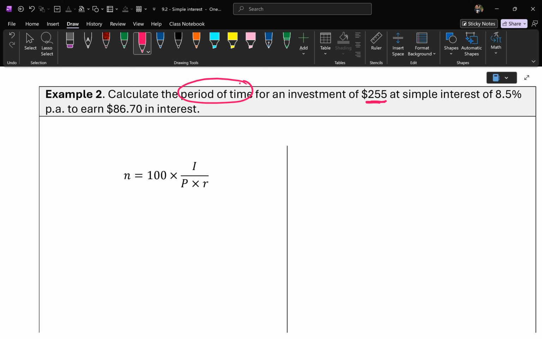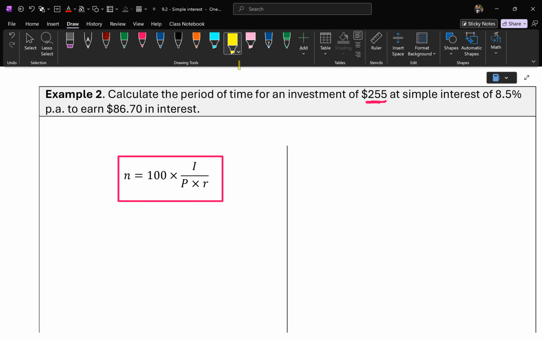You've got $255 in your pocket, you know it's going to be simple interest, and the bank pays 8.5% per annum. And you earned $86.70. So the question was, how long did you put it in there to earn an extra $86.70? The formula is already given to you, or you could have rearranged it yourself. That's why I asked you to copy those three formulas down.